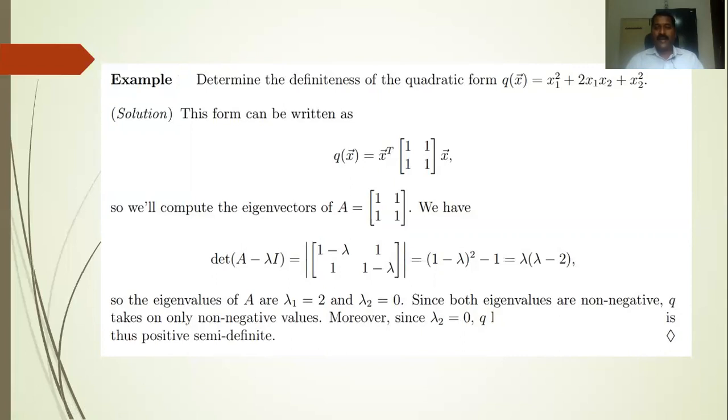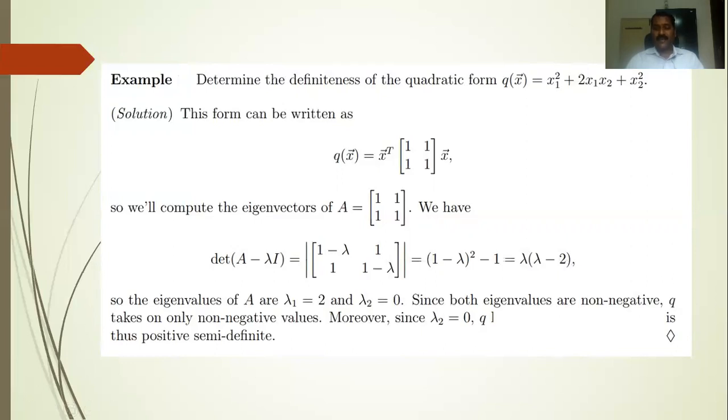How to find the eigenvalues? Get the characteristic equation. The characteristic equation is given by determinant of A minus lambda I equal to 0. Here I need to subtract lambda from the diagonal elements. Then expand this determinant. Then it's (1 minus lambda) whole squared minus 1. That is lambda squared minus 2 lambda plus 1 minus 1, so lambda squared minus 2 lambda, that is lambda into (lambda minus 2) equal to 0.